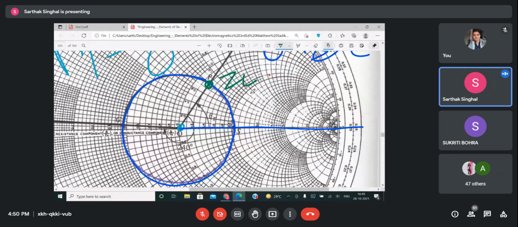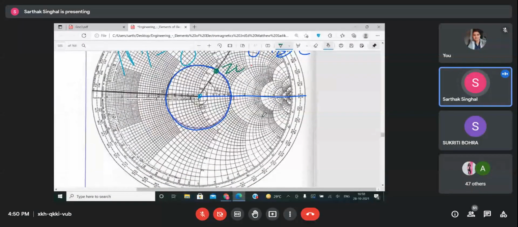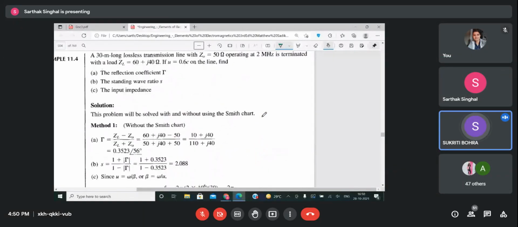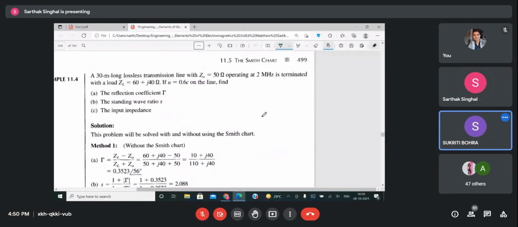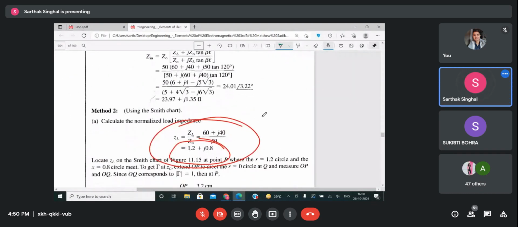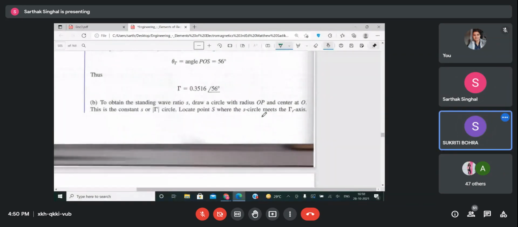Now, calculate the length of the transmission line in terms of wavelength. What was the length? 30 meter. So what is the value of the transmission line length in terms of wavelength? Can you tell me?